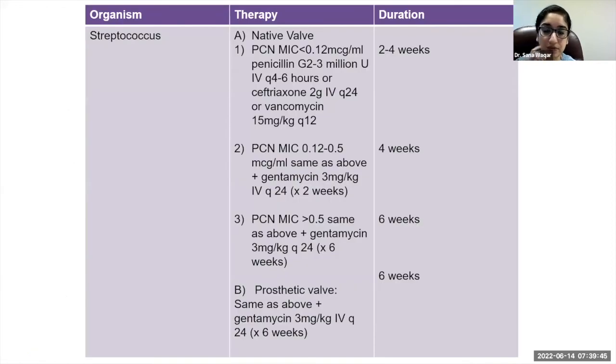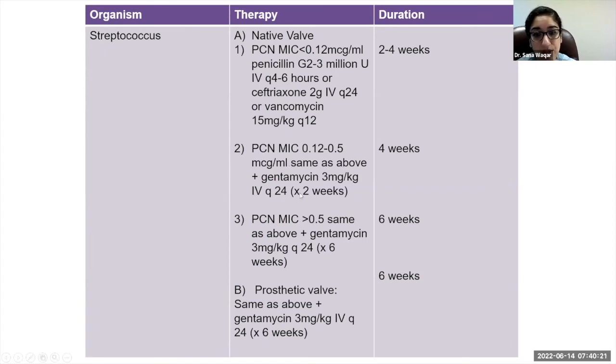Okay, the next few slides just tell you specific drugs with regard to specific organisms, and I'm not going to go over these. You can have my slides, but for streptococci, native valve, this is one area where you really need to pay attention to the MIC of penicillin, because all of these will be resulted as sensitive, but what the actual MIC is will help you determine whether you can use penicillin alone, or if you need to use penicillin plus a synergy drug.